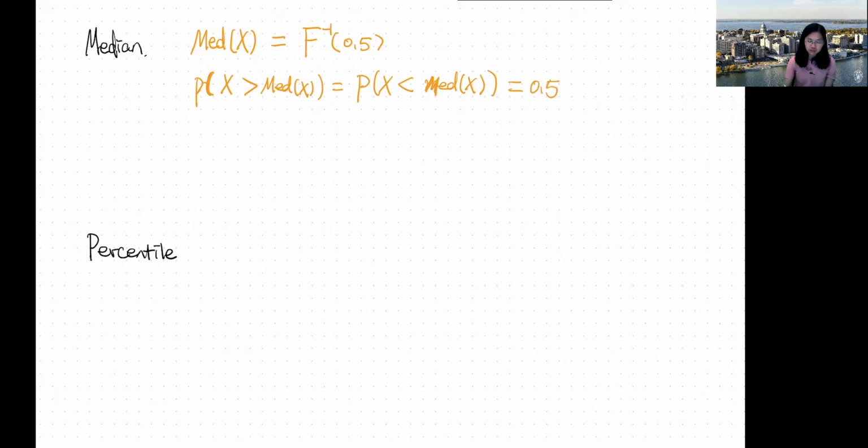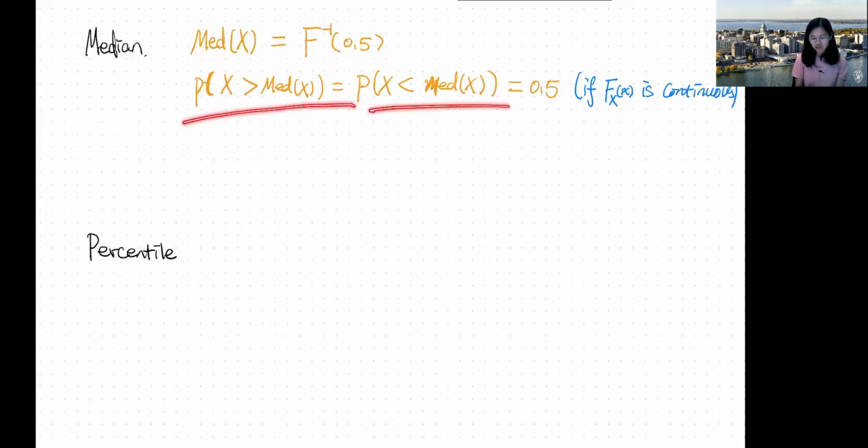So this holds for continuous random variables. Median can be defined for discrete random variables, but for discrete random variables, this does not hold.